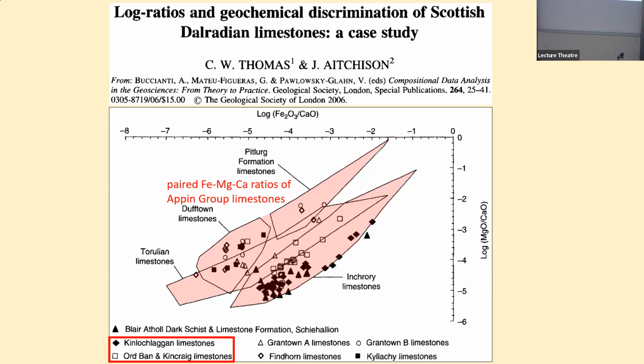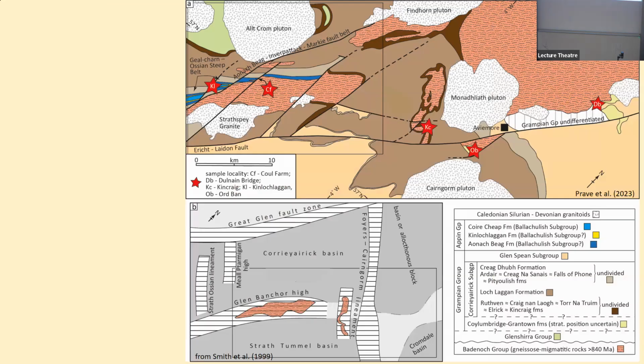Now, I want to stress as much as I can that we need to have the geographic representation of where these units are relative to one another to one key fault system.